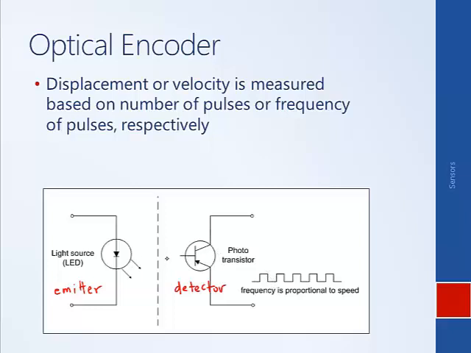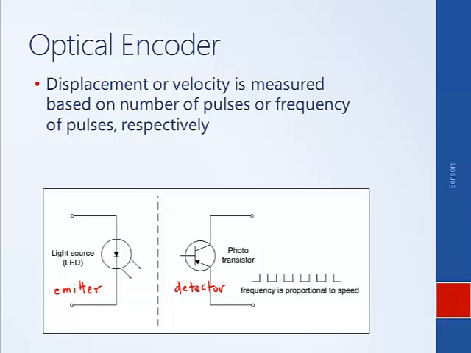When the light source is blocked by this material, then the phototransistor acts like an open switch and the output goes low. And so by counting these pulses, we are in essence able to count the number of gaps and blocks that move past the light source. And that gives us an indication of the displacement of this material.